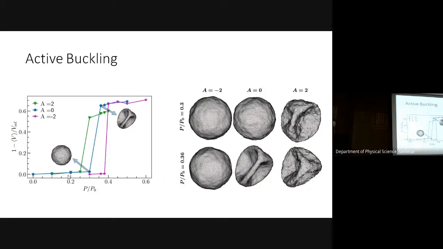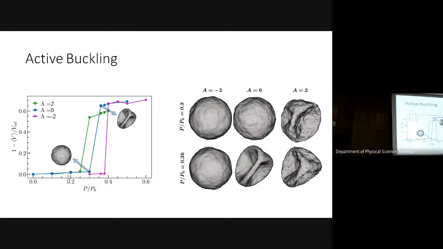So what we are doing next is, I told you that there is an amount by which I am breaking detailed balance. If this amount is positive, I get fluctuations which are more than equilibrium. If this amount is negative, I get fluctuations that are less than equilibrium, but both are non-equilibrium. In the middle is the thermal case, which is activity equal to 0.